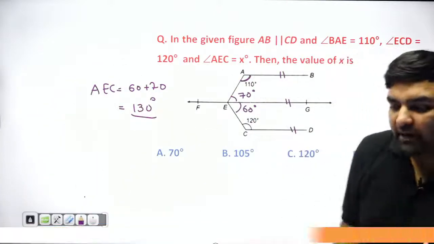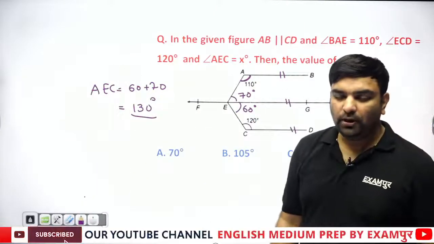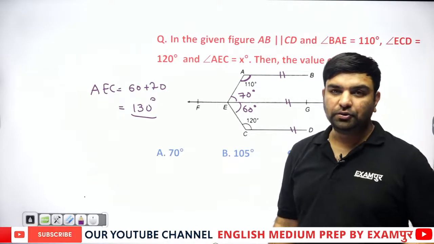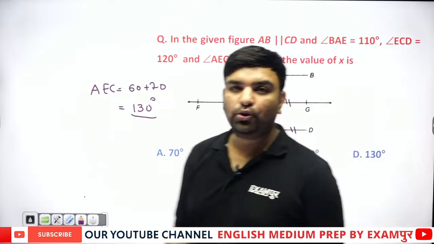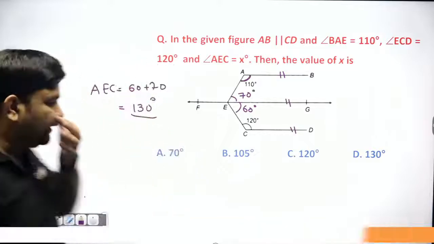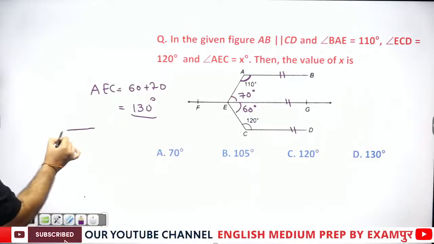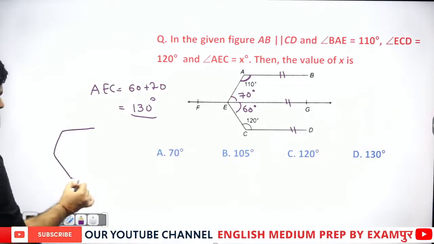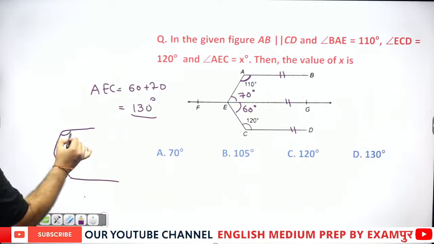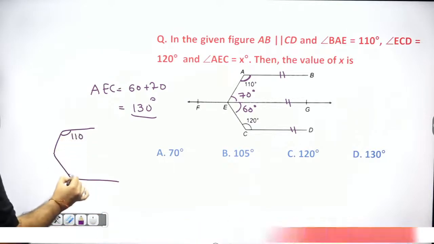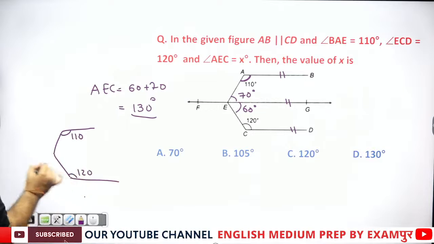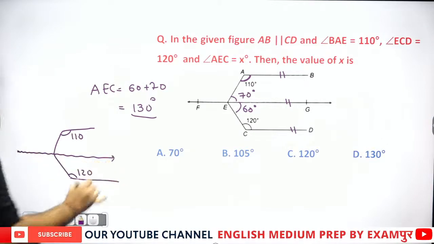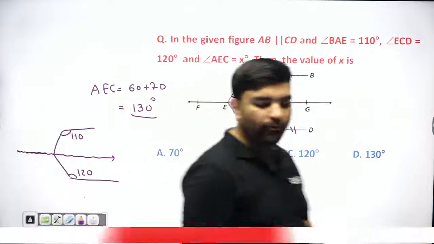If this line would not be given in the question, then also we need to draw it. If the question would only be like this, that this angle is given as 110 and this is 120 and this is being asked, then also we need to draw this line. This much construction we need to do.